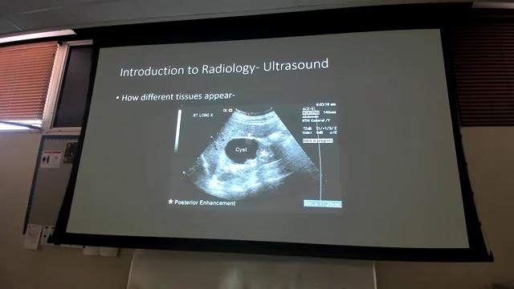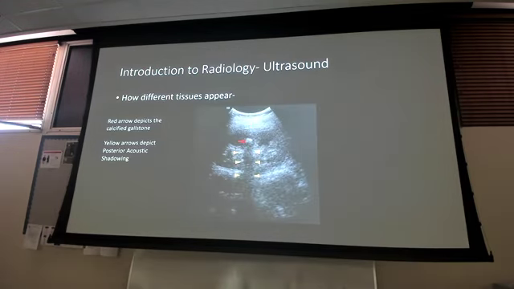So you get what's called posterior acoustic enhancement. Big fancy words for that's a fluid-filled structure there. And you can tell that because behind it you have that enhancement and it's brighter. Does that make sense from a physics standpoint? It's another piece of information you can use for yourself when you're doing some of this stuff to go, okay, that's a fluid-filled cyst because of the posterior acoustic enhancement.